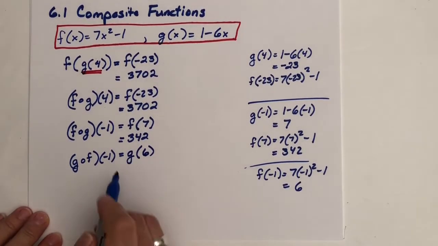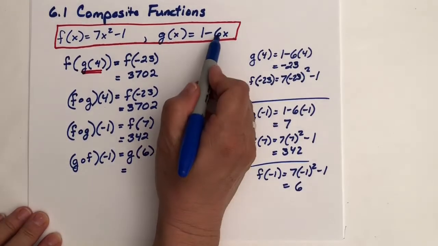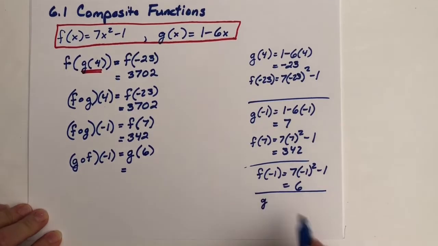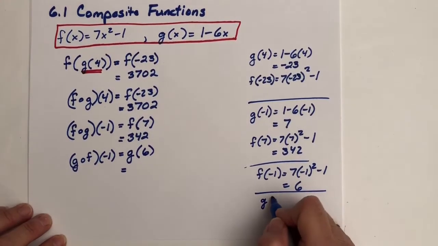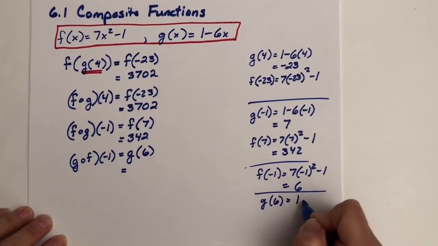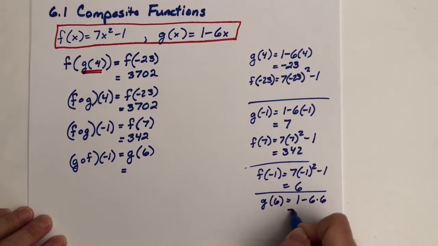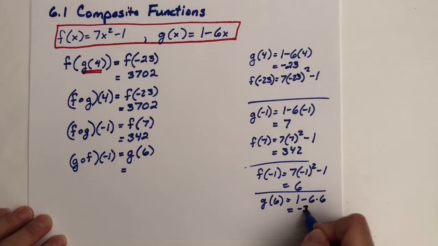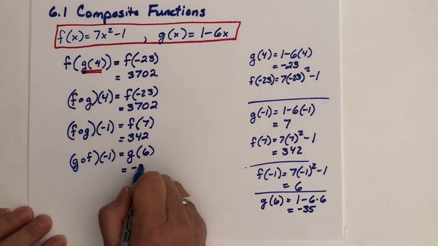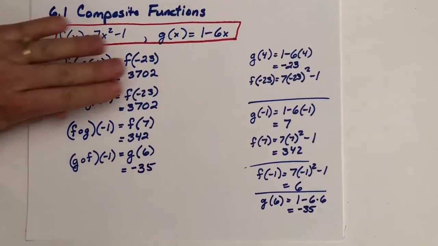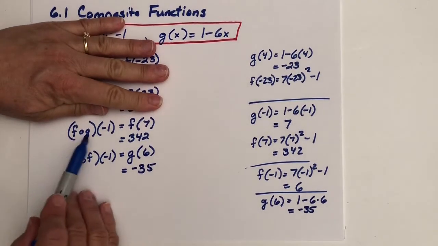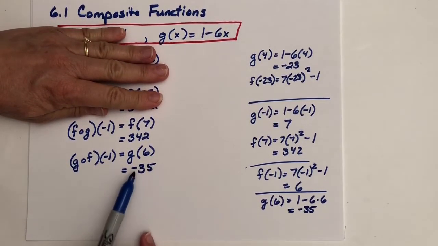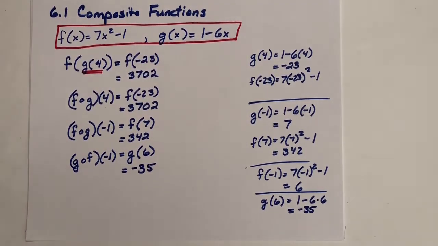So I have g of 6. I pop 6 in here. And if you've worked with functions very much, you might be able to do that calculation in your head. 1 minus 6 times 6, right? So we have 1 minus 36. That is negative 35. Here's what I wanted you to notice. f composed with g of negative 1 and g composed with f of negative 1 gave us different values.